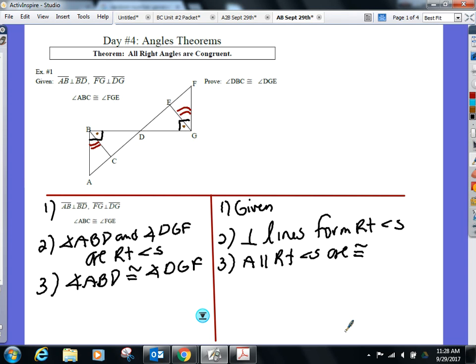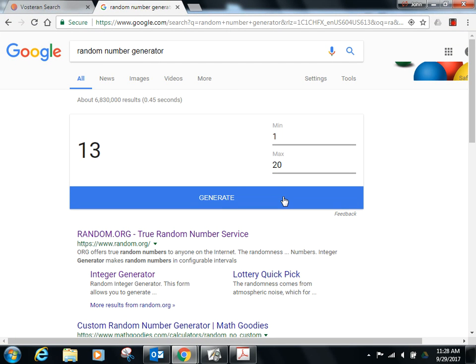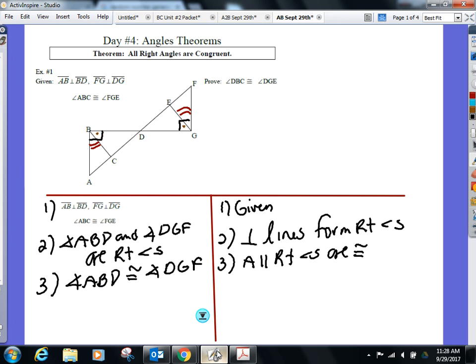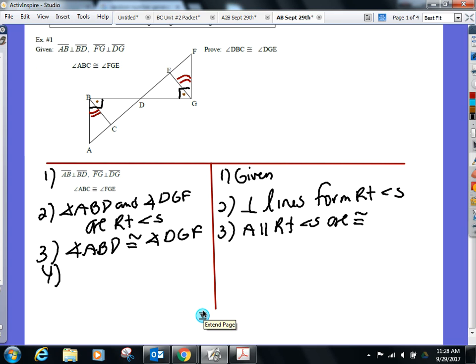So tell me what pairs of angles you're subtracting to get DBC and to get DGE. Give me one pair of angles you're subtracting. Give me one angle first. We have two pairs up here that are equal, correct?